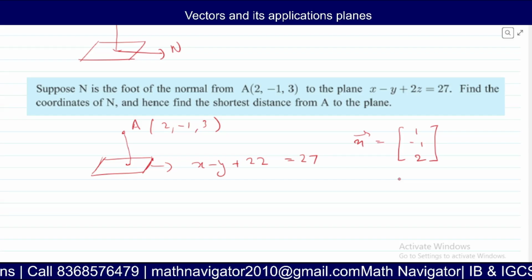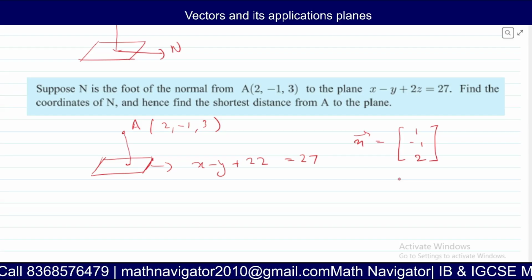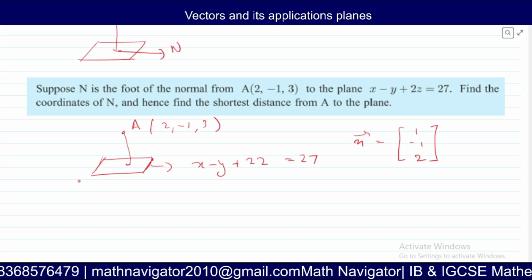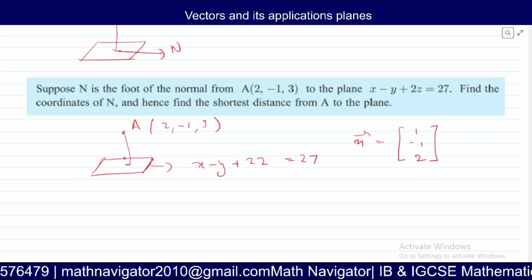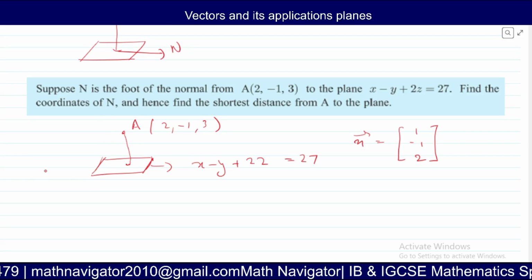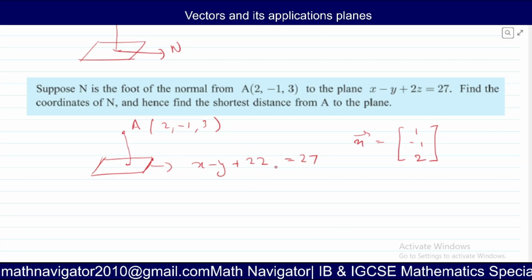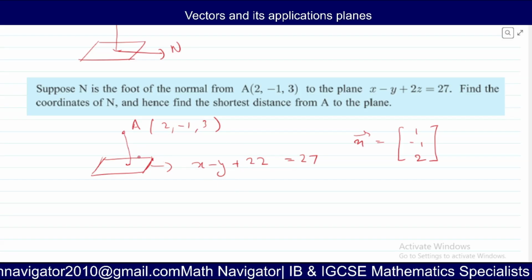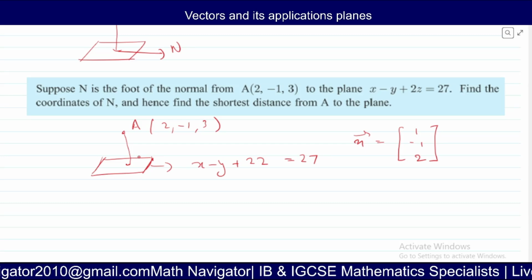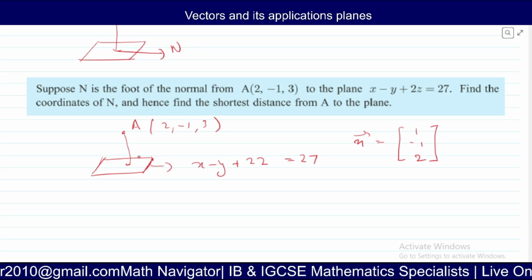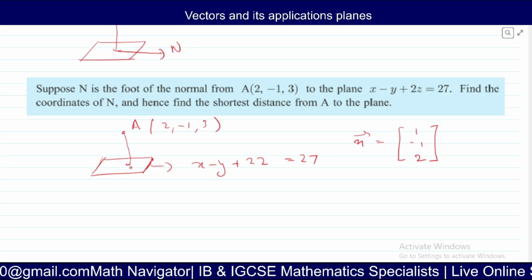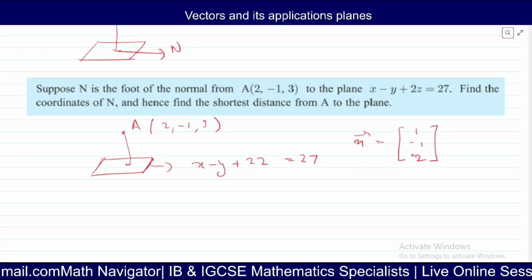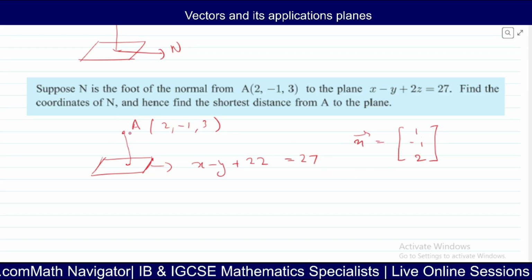Now I have found the normal vector. Now what I need to do is find the equation of this line, and then wherever they meet each other, that will be the point. So let's do it. This normal vector will be the direction of the line.